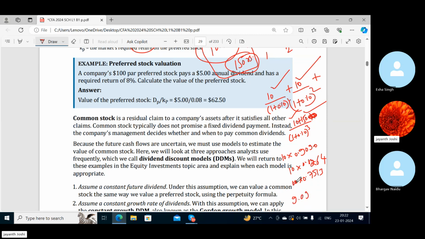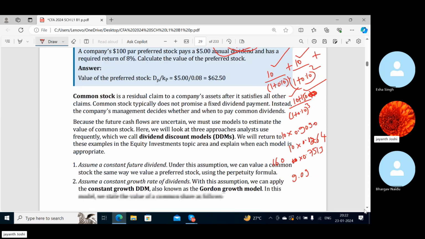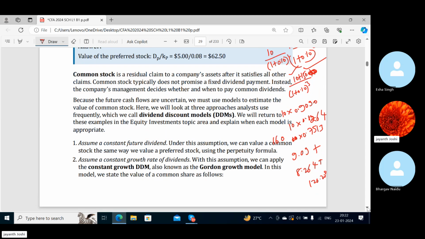Sorry, the third year is 160, so it's going to be 120.208. The second year is 8.264. We'll add up all of them.